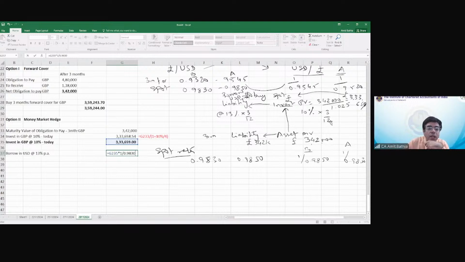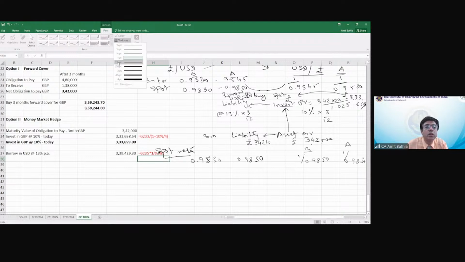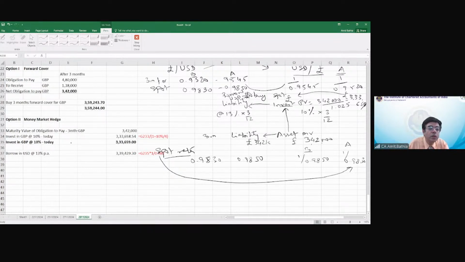Are you all getting it? From where did you get this? It is from here. Remember, we converted the direct quote into indirect quote so that we can have USD per pound. And then the ask rate is 1 upon 0.9830 per pound. Right? So I have to borrow this much in USD.